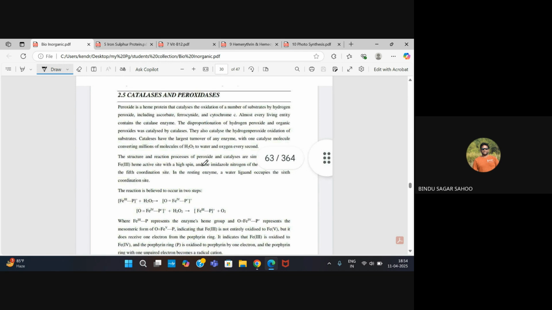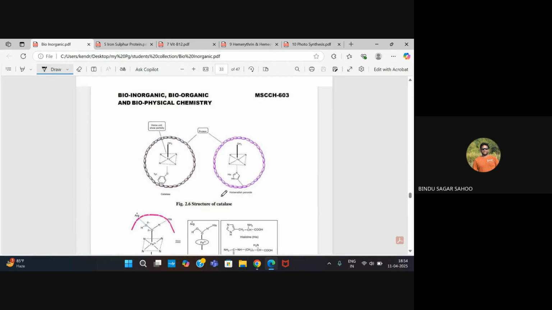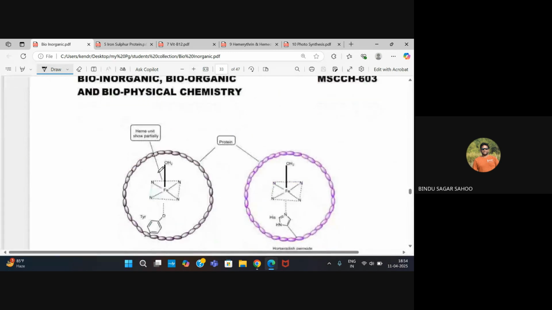And the role of peroxidase is the breaking of hydrogen peroxide into water and oxygen. Catalase also has the same role, but its structure is a little bit different. You can see the structure here. This is the structure of catalase.